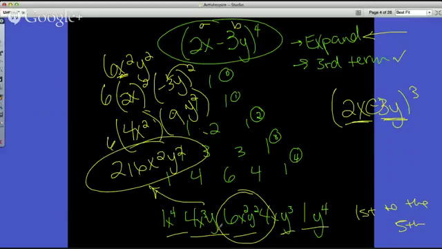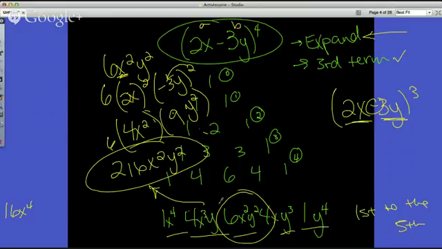Yeah, absolutely. So right now with the x to the fourth, I plug in 2x, right? So it'll be 2x to the fourth. So 2 to the fourth would be 16, right? So I'd have 16x to the fourth as my first one.